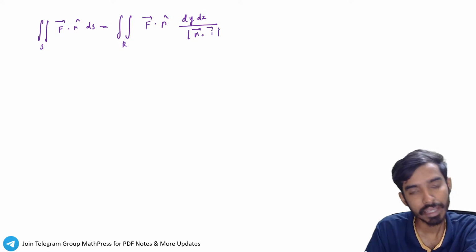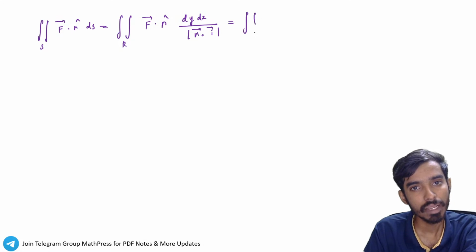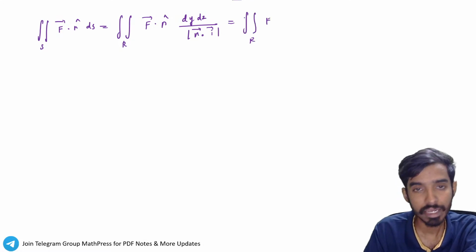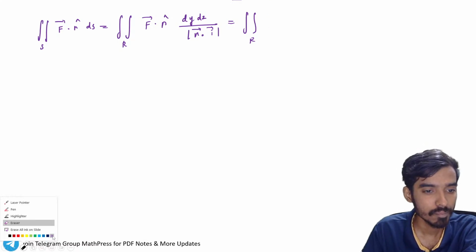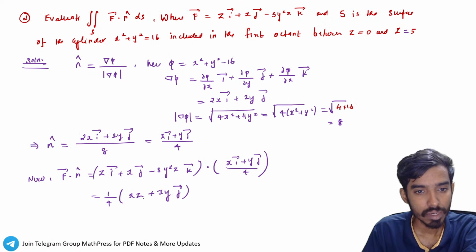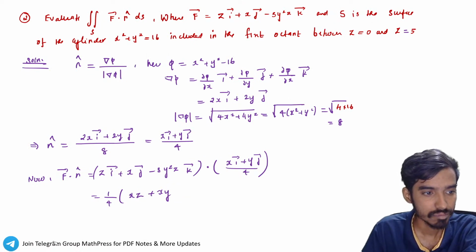What is f vector dot n cap? We have already found it. Sorry, here we don't have a j.